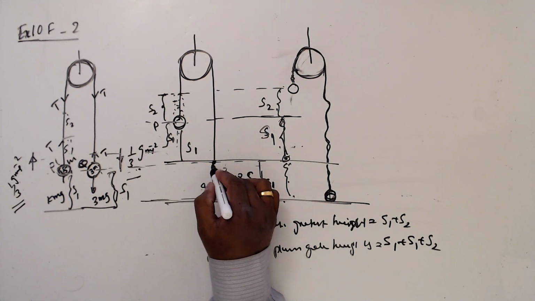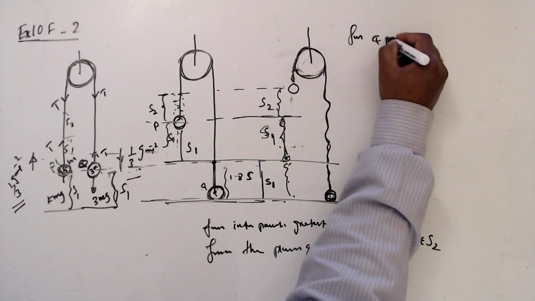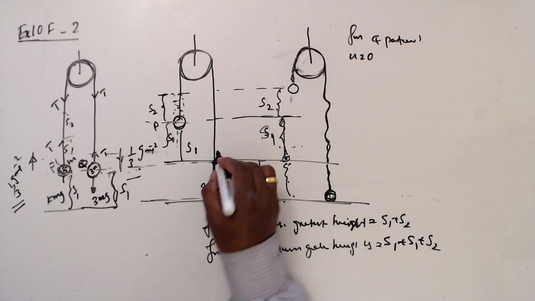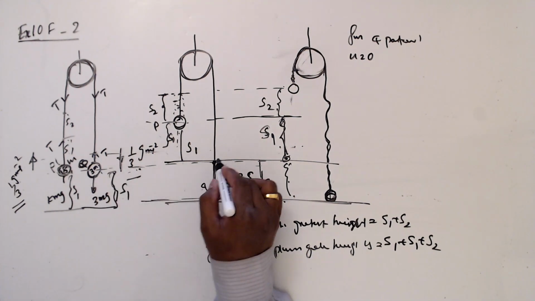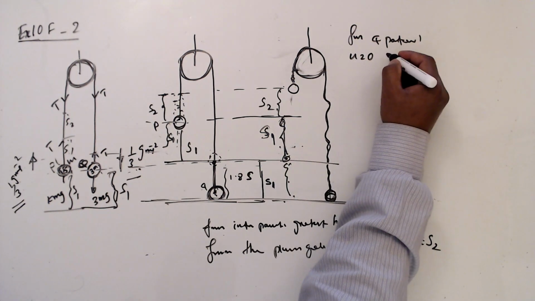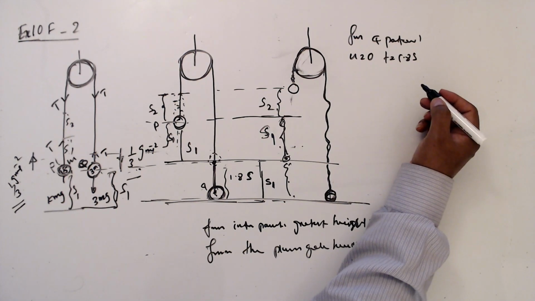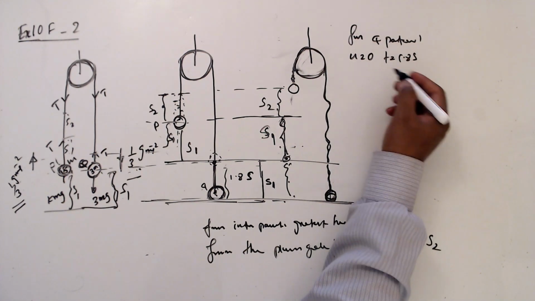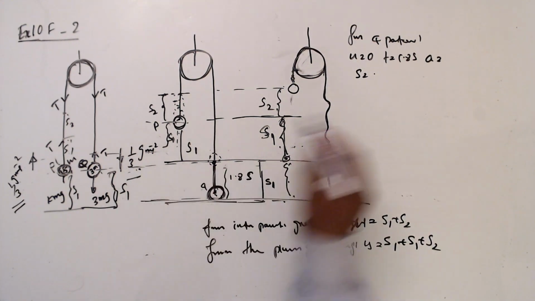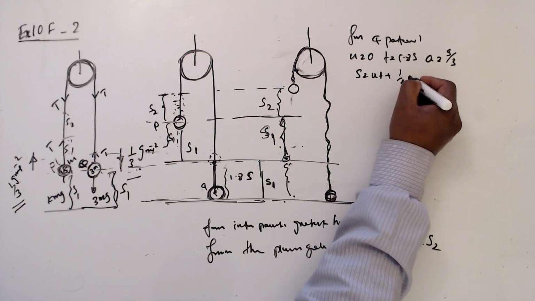Now for particle Q, we want to consider this journey. For particle Q, u is 0 when it's starting from rest. It was here and it comes down. So u equals 0, t is given as 1.8, and we need to find the distance s. We know the acceleration a is g over 3. s equals ut plus half at squared.